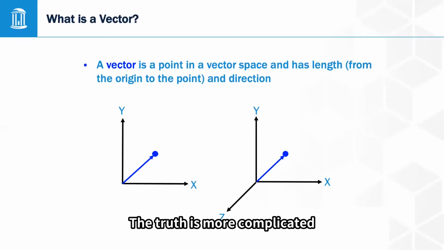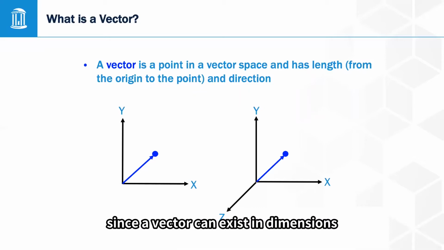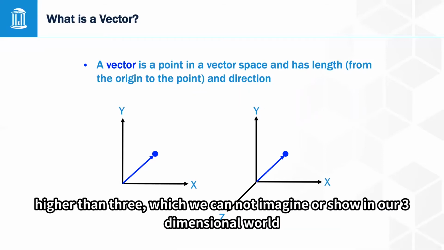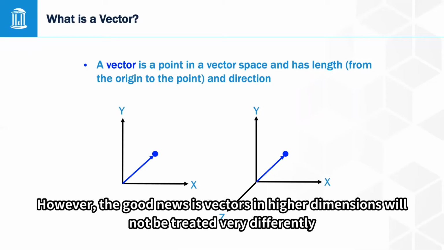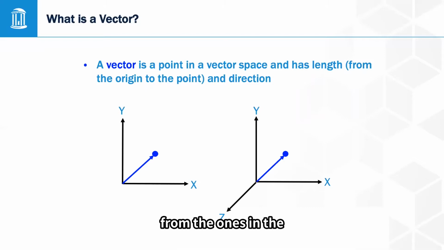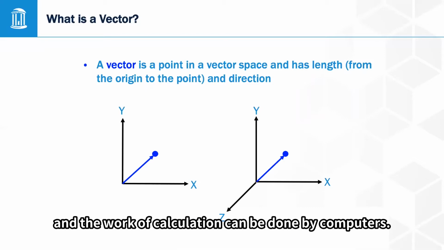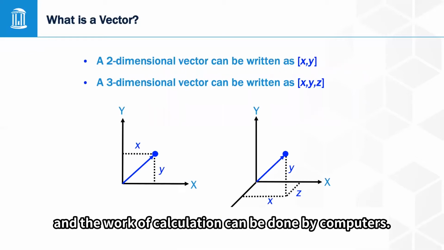The truth is more complicated since a vector can exist in dimensions higher than 3, which we cannot imagine and show in our three-dimensional world. However, the good news is vectors in higher dimensions will be treated very differently from the ones in a 2 or 3 dimension. And the work of calculation can be done by computers.